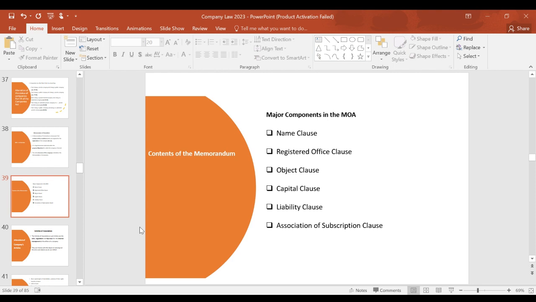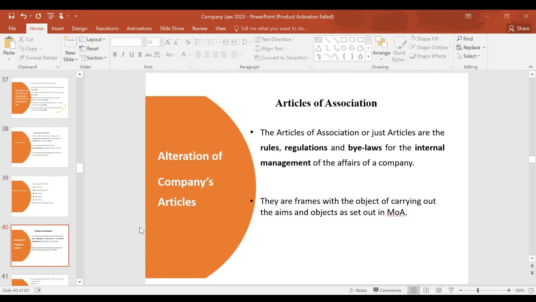And if it's a public company or a private company, it will also be included within the memorandum. How members can subscribe towards the company should also be one of the clauses, and several other elements that may be deemed fit during the registration process.